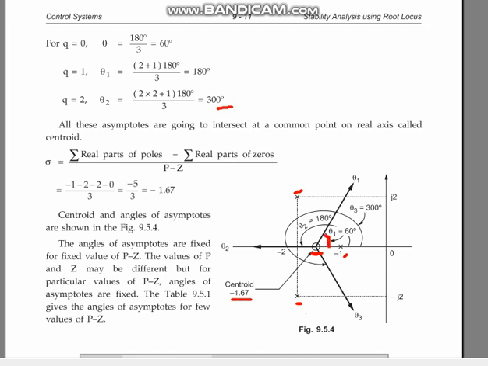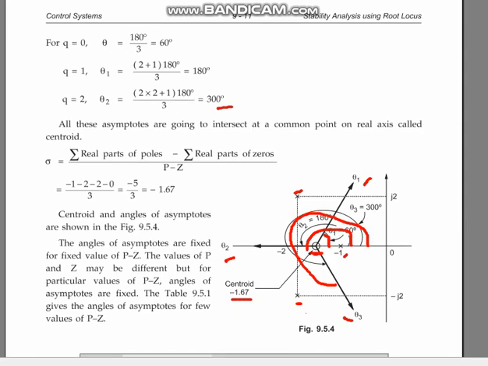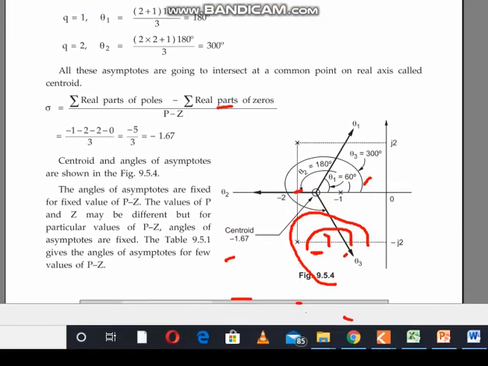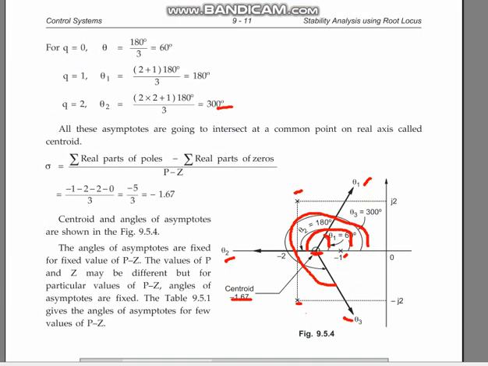Draw a straight line and call that one theta 1, here theta 2 and theta 3. So in this way we draw the centroid and asymptotes. So rules number 4 and 5 give the centroid and angle of asymptotes. Thank you.